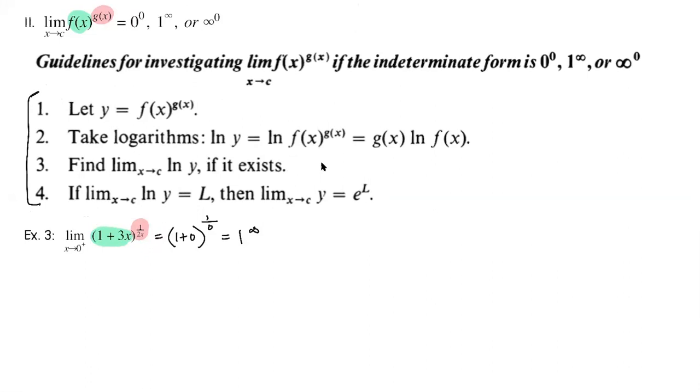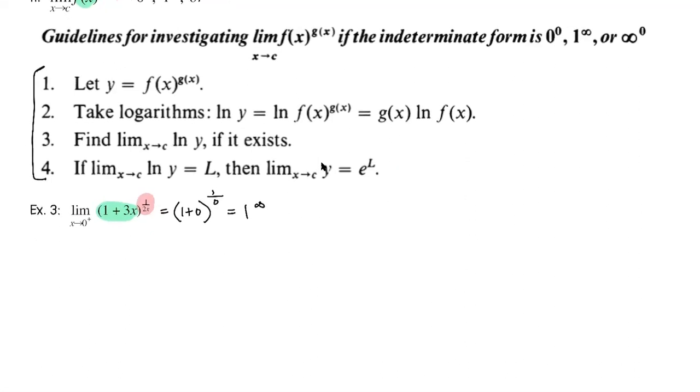Okay. So I'm going to write out the whole function. And then we are going to take the natural log of both sides, okay? So let's say that I have y equals the limit of x approaching 0 from the right of 1 plus 3x to the 1 over 2x. Okay, so that's my step 1. Let y equal that function.